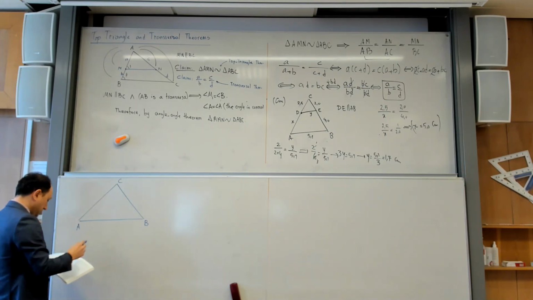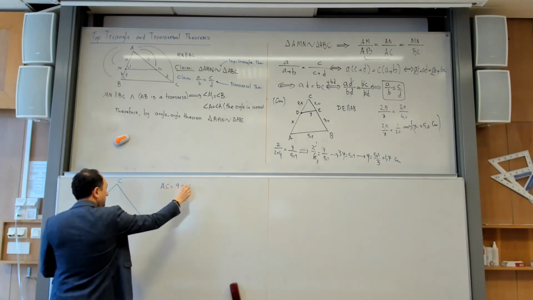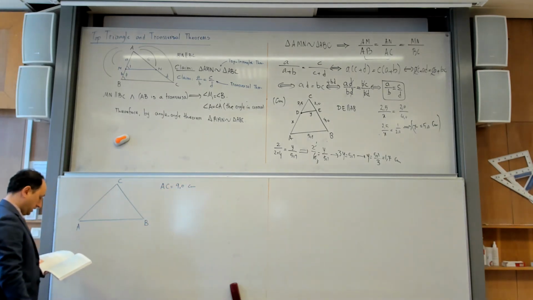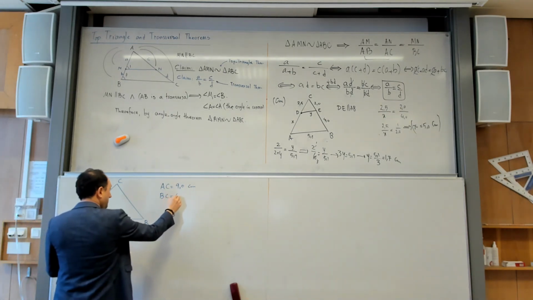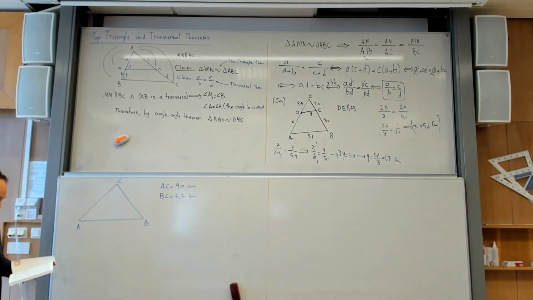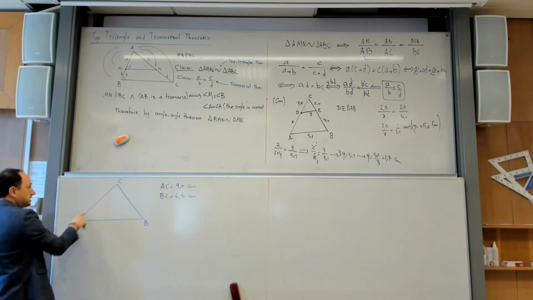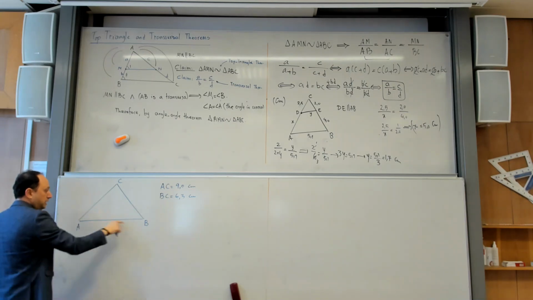In this triangle, AC is given as 9 centimeters, and BC is given as 6.3 centimeters. And then the question is: from a point on AC, which is at distance 3 from A, you draw a parallel line to AB.